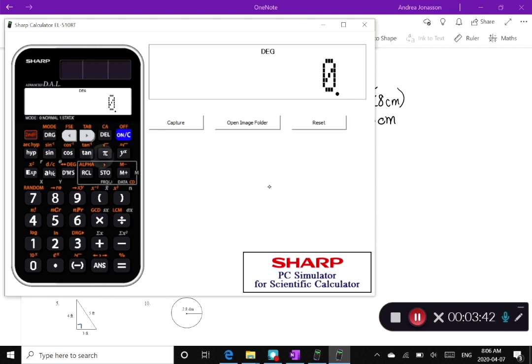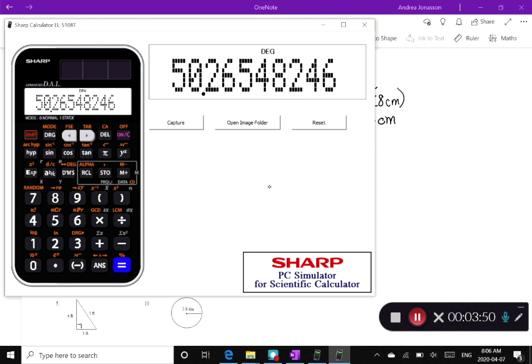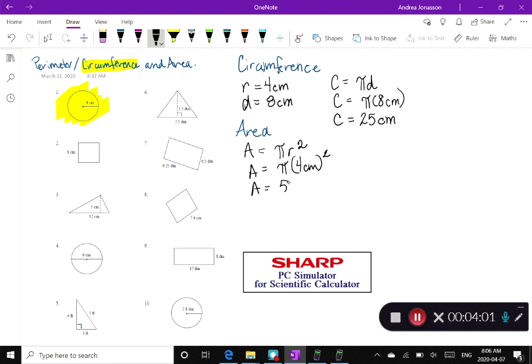So we get pi times 4 squared, which gives us 50.2. I've been rounding to the nearest centimeter, so I'm going to round to the nearest square centimeter here, which is going to give me 50 square centimeters.